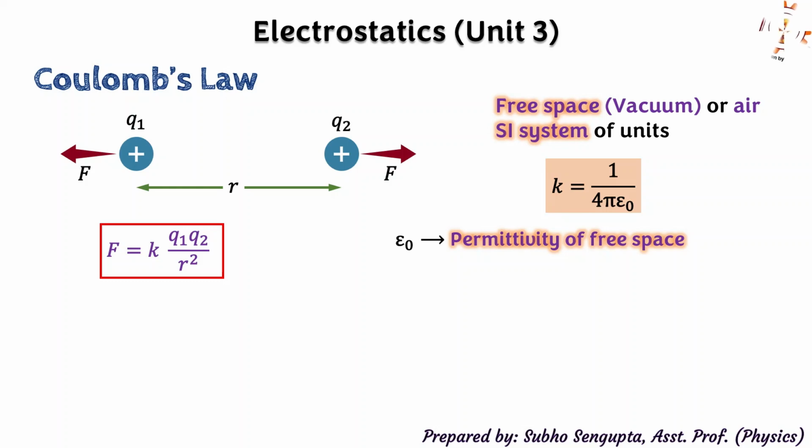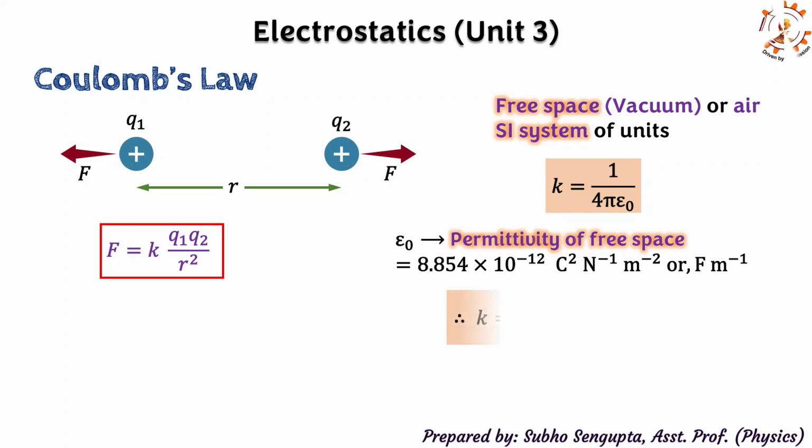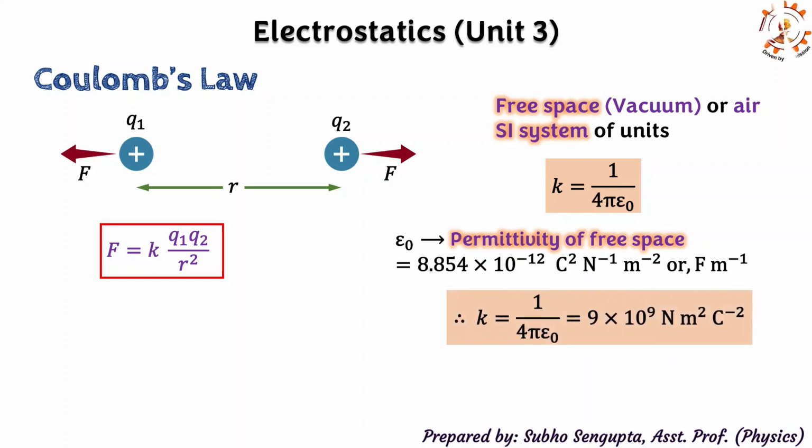Its value is 8.854 times 10 to the power minus 12 coulomb squared per newton meter squared or farad per meter. So, the value of the Coulomb constant for vacuum or air in SI system is approximately equal to 9 times 10 to the power 9 newton meter squared per coulomb squared.